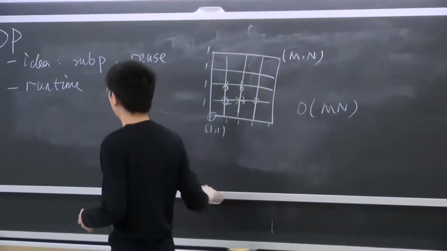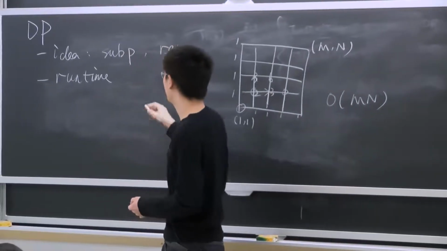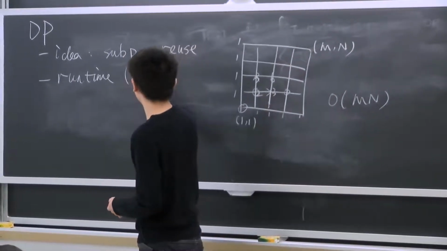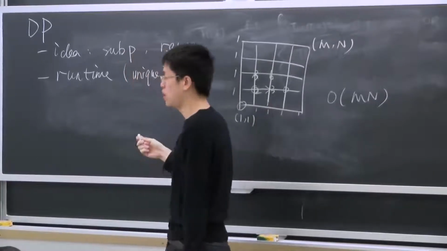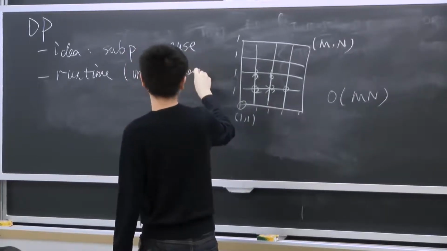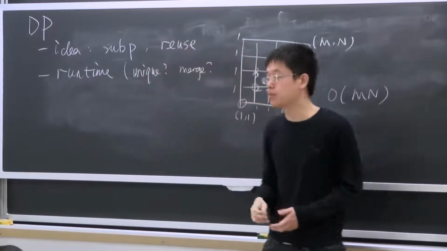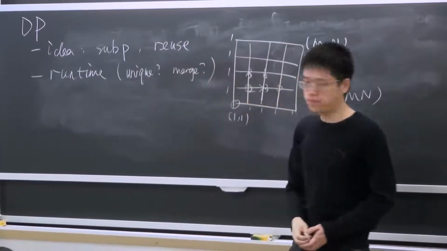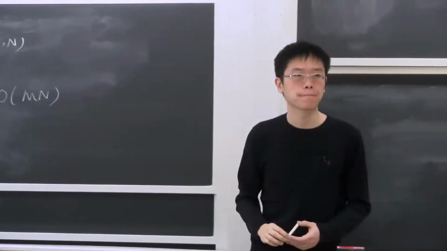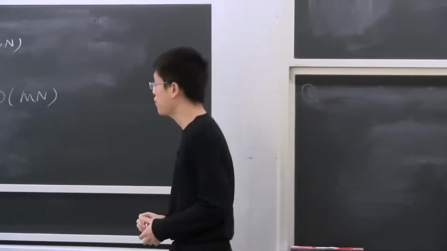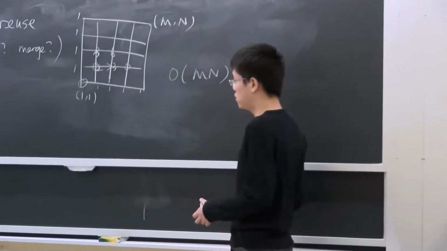So to analyze runtime, usually we ask the question: how many unique problems do I have, and what's the amount of merge work I have to do at every step? Okay, that's the toy example.